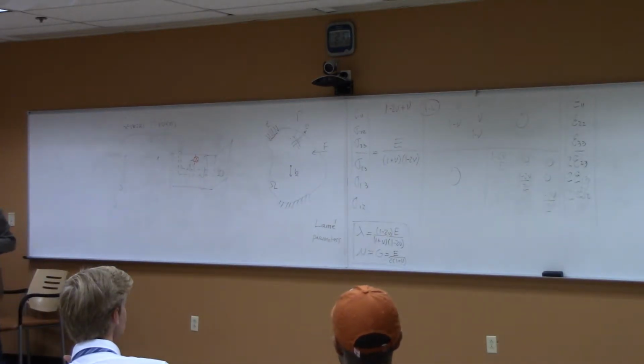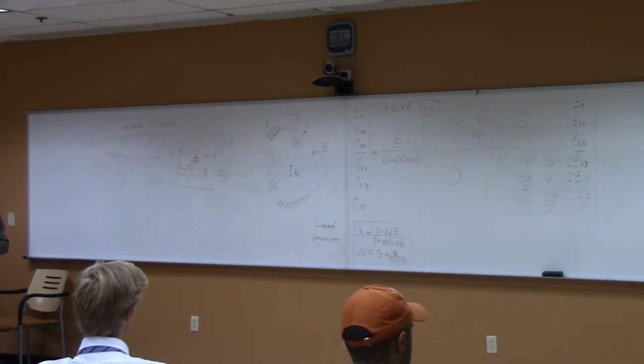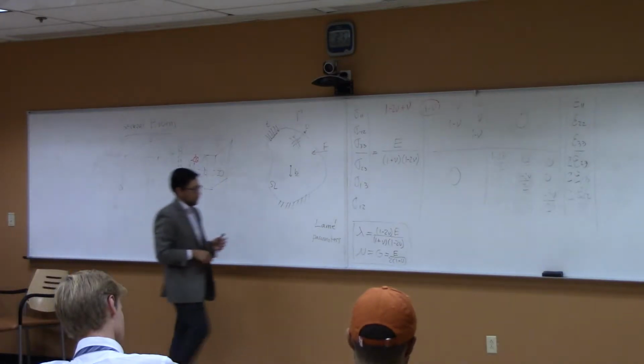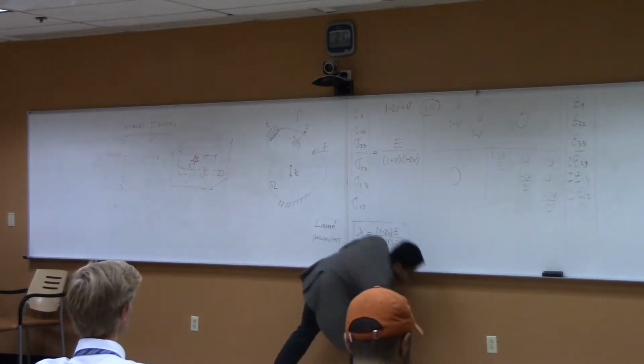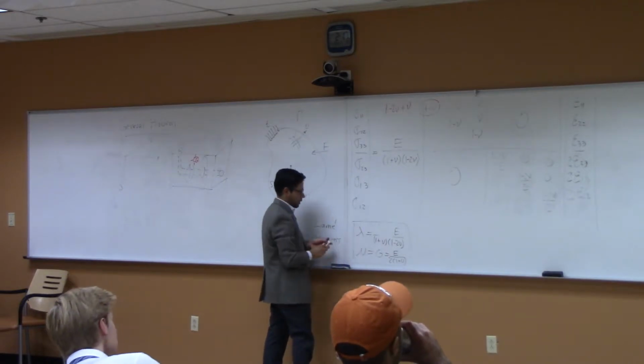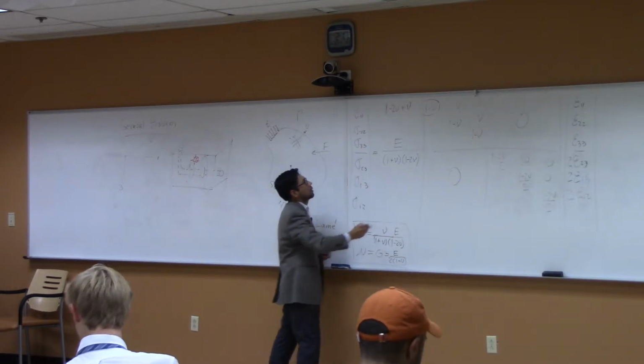Let me see, I always forget a little bit how to do this part. I chose the wrong part of the Lamé coefficient. It wasn't the first part, it's the second part.